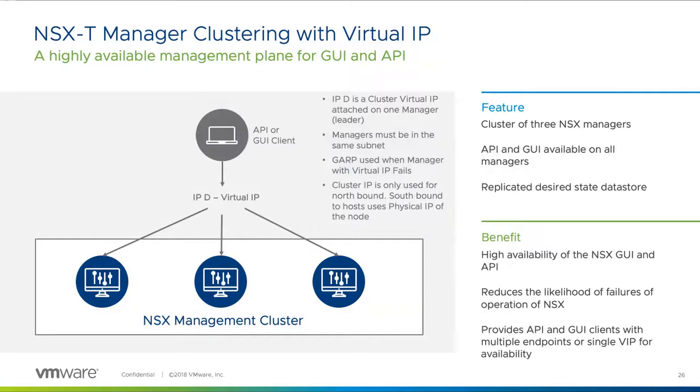The managers will also talk to specific hosts in your various clusters, and they'll always talk to the same one just to make sure that things don't get out of whack. But they will change if, of course, one of them goes down.